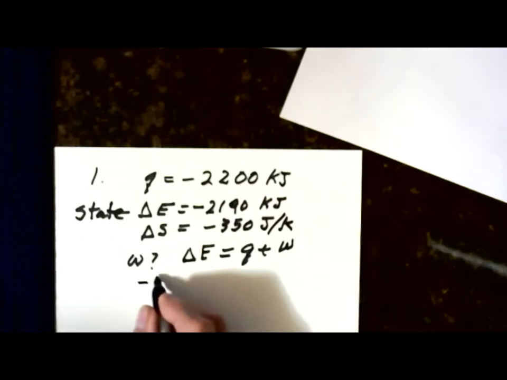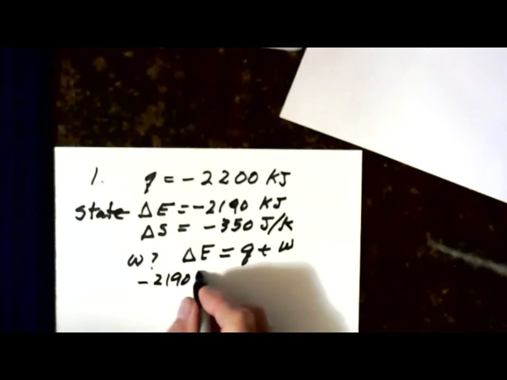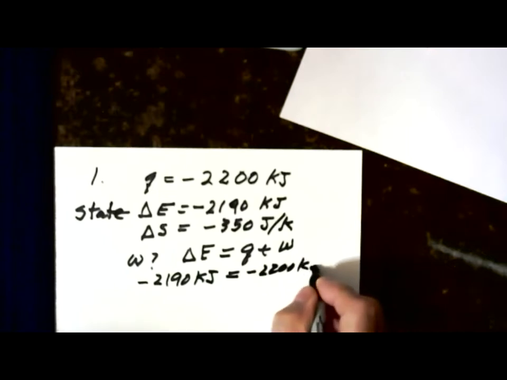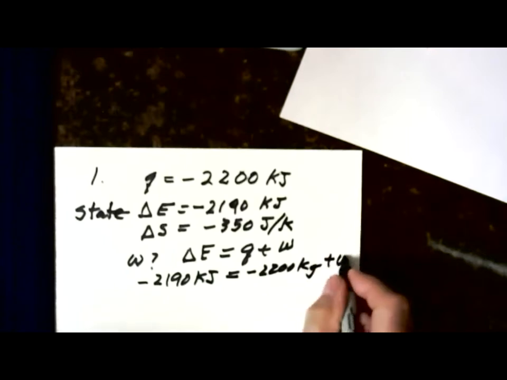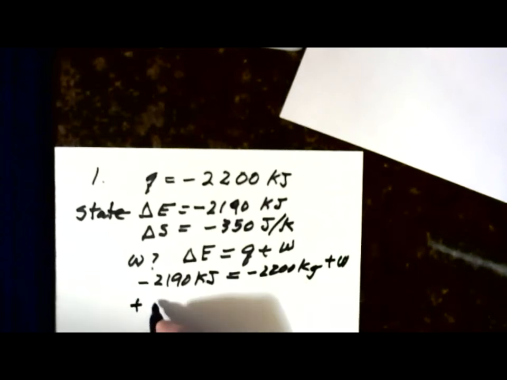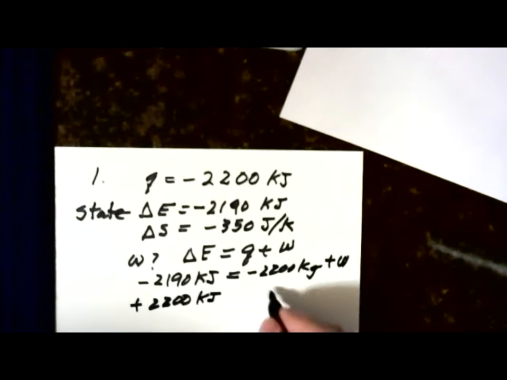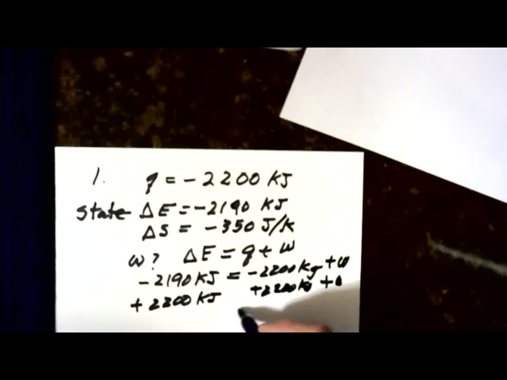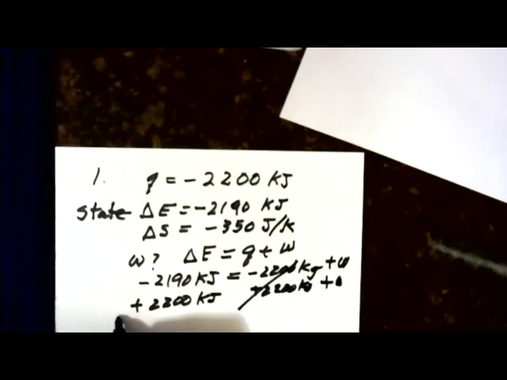So delta E is minus 2190 kilojoules. That's equal to Q, which is minus 2200 kilojoules, plus W. So if I add 2200 kilojoules to this and add 2200 kilojoules to this, plus W, this is going to cancel, and I just need to take the difference between these.